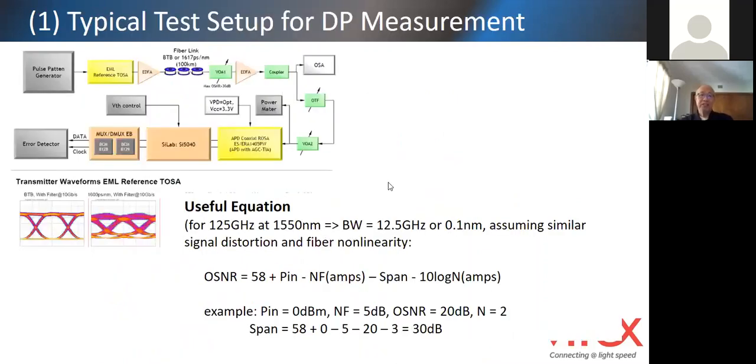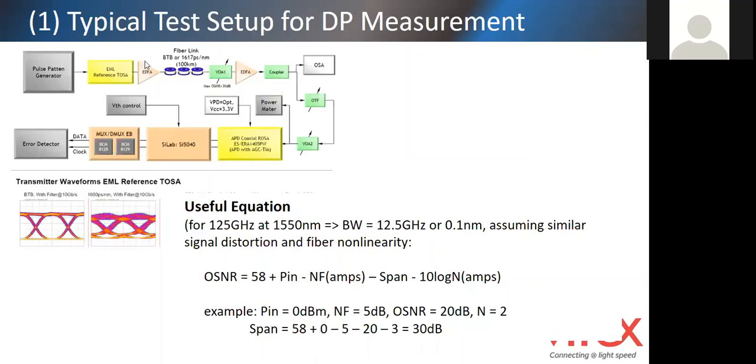And the next slide, I just show a very typical way to measure dispersion. As you can see in the diagram, people put an EDFA, sandwiching the fiber together. This is very much like a classical type of setup.